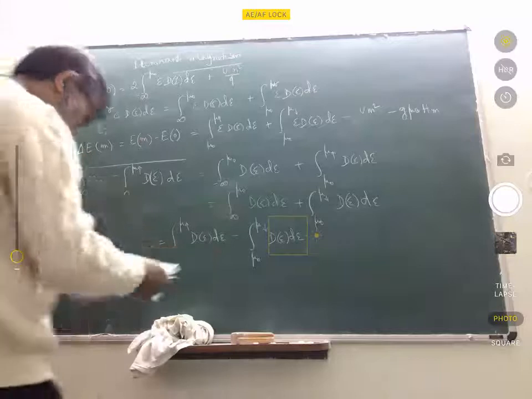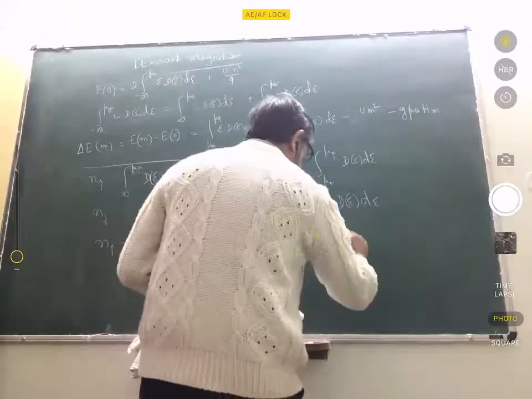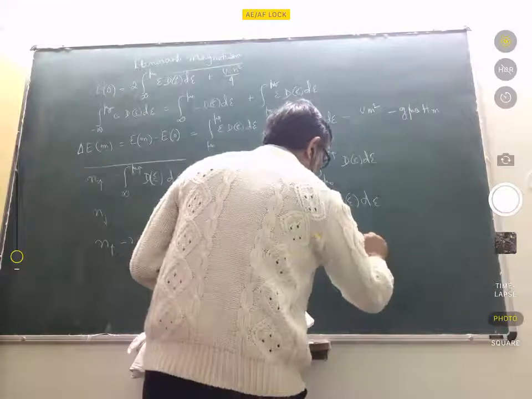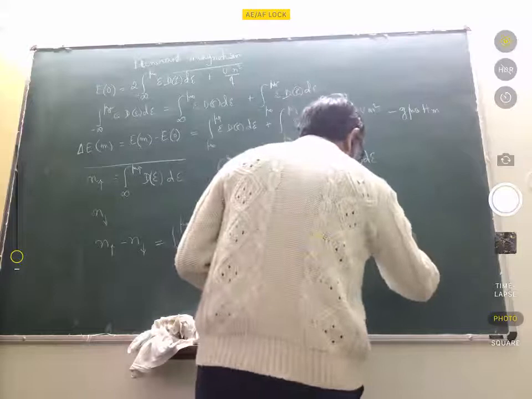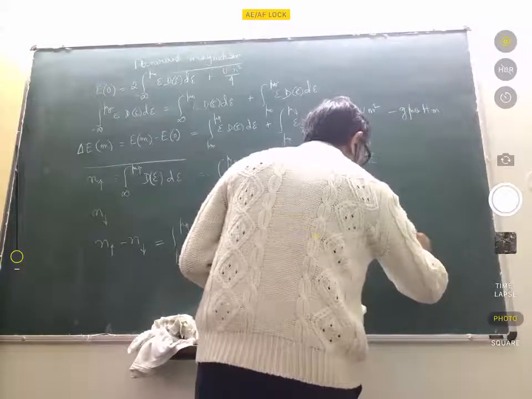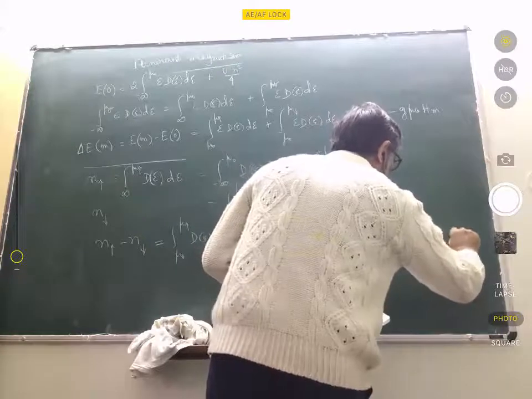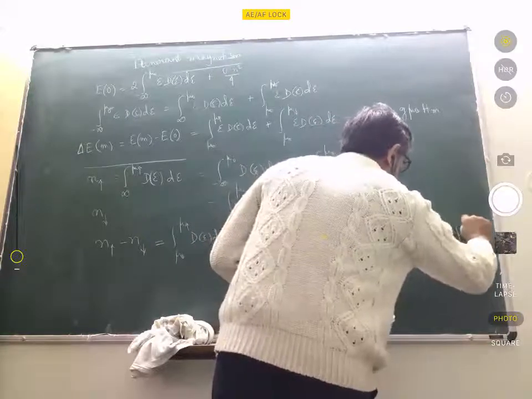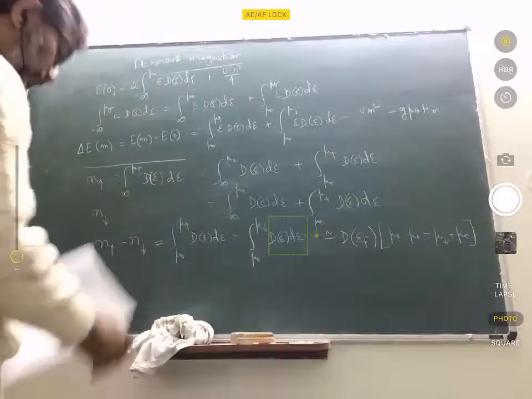So you can easily do that, and you end up with this. Mu naught from the two integrals, so the mu naught will cancel. You have mu up minus mu down.